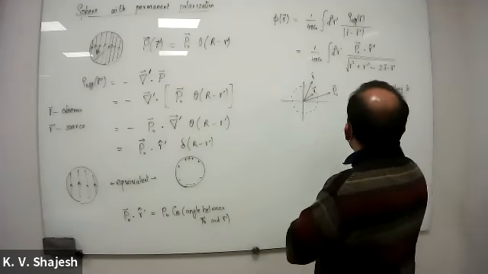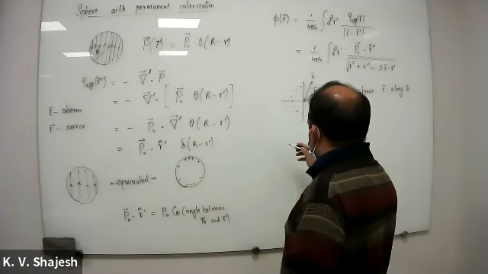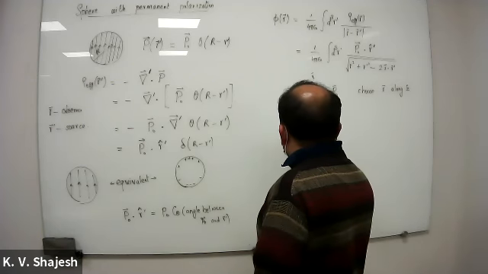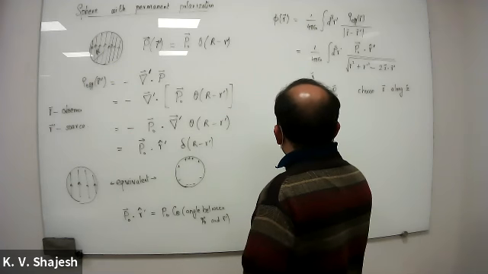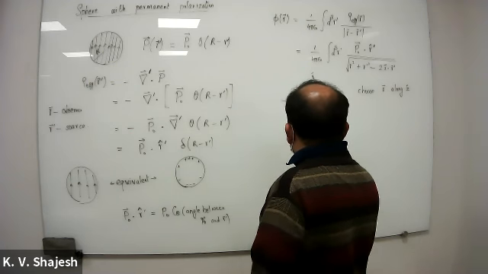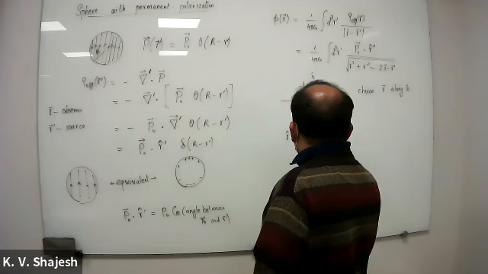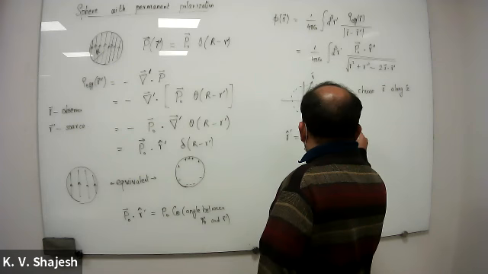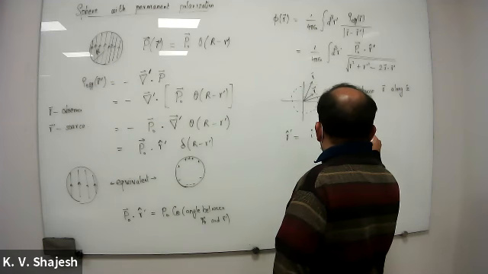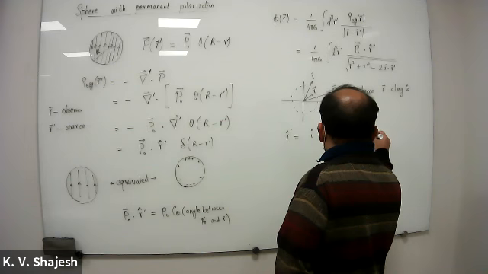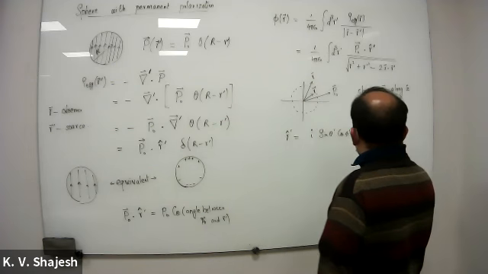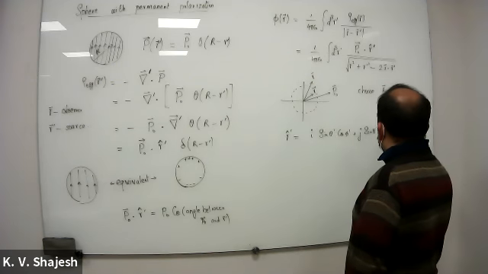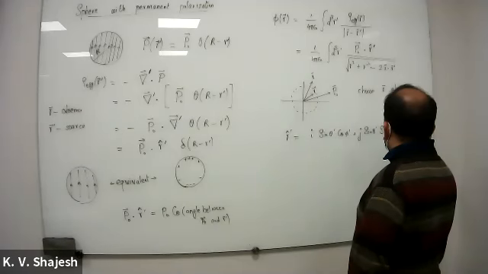So let's write down what these vectors are. Our R prime is equal to i hat sine theta prime cosine phi prime plus j hat sine theta prime sine of phi prime plus k hat cosine theta prime.